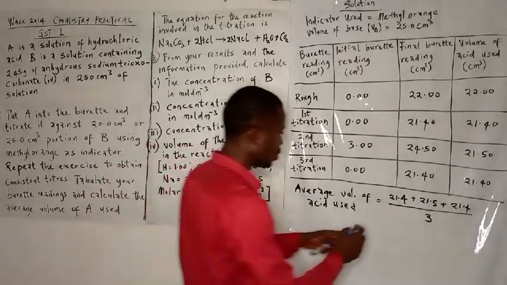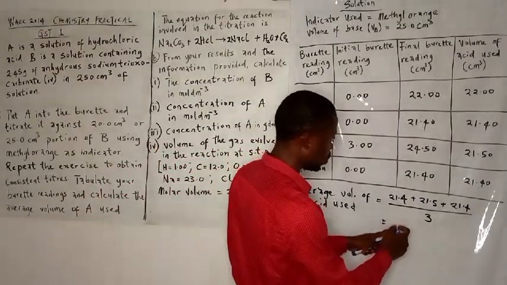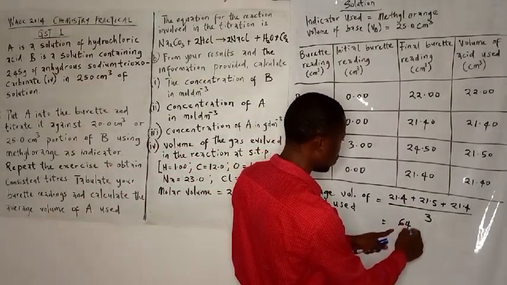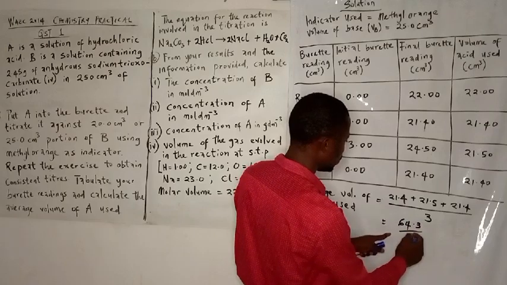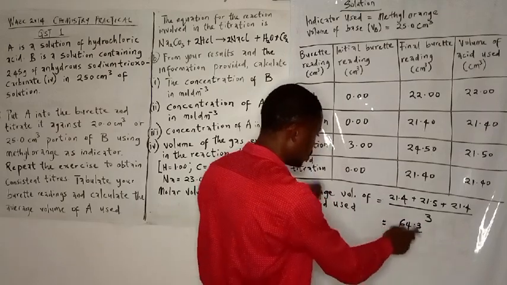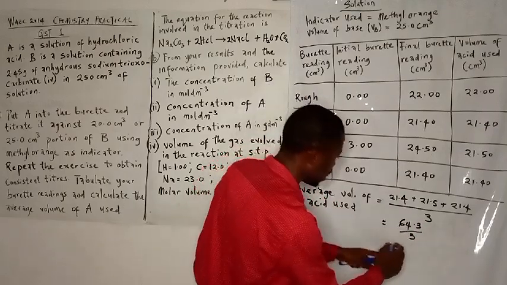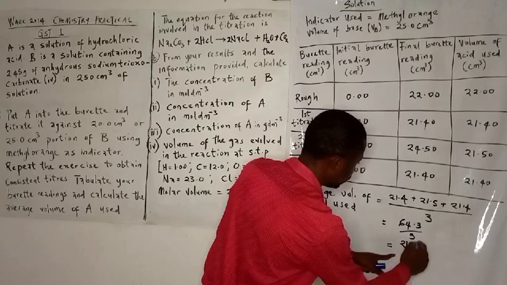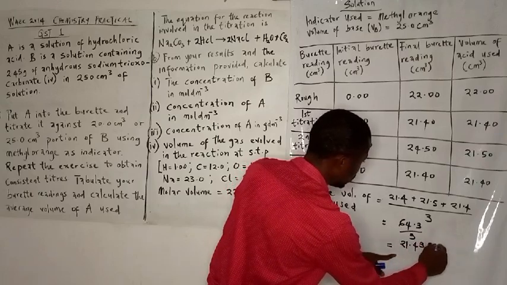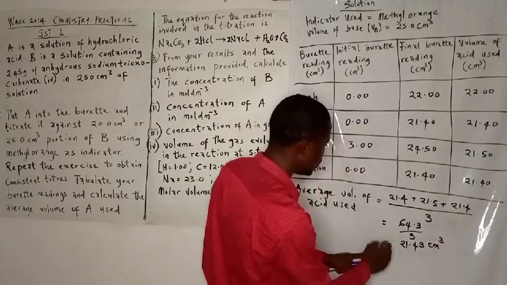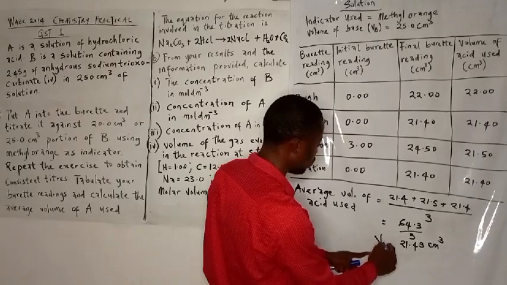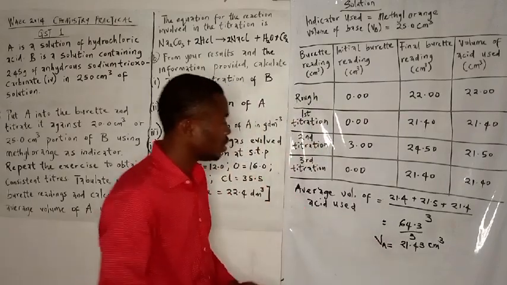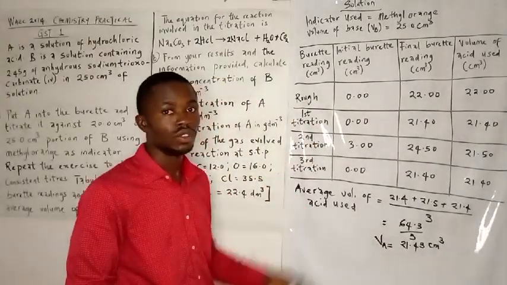So when we sum them up, we're going to have 64.3 divided by 3. If we do this division, we're going to have 21.43 cm cubed. This becomes the volume of our acid, V subscript A. So this is the volume of acid.